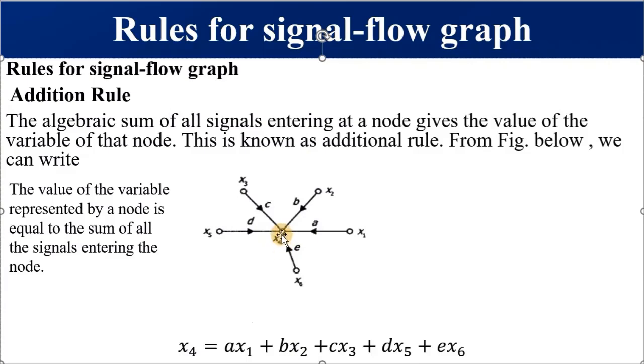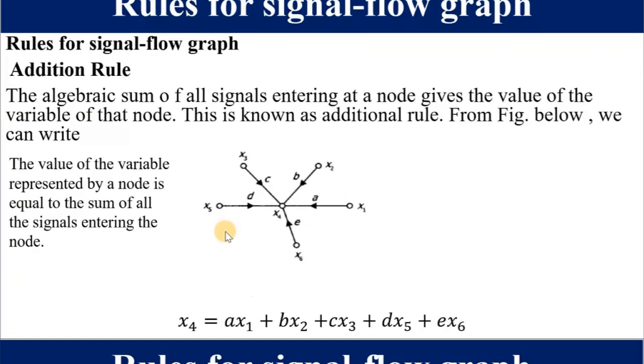According to the addition rule for x4, ax1 plus bx2 plus cx3 plus dx4 plus ex6 gives us x4. We are saying the value of the variable represented by a node is equal to the sum of all the signals that are entering that node, as we have demonstrated in this algebraic sum. In this case, please take note that there is no outgoing branch.